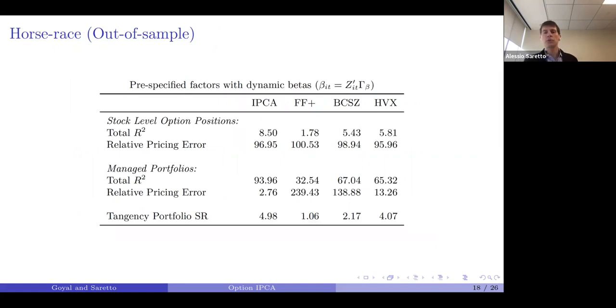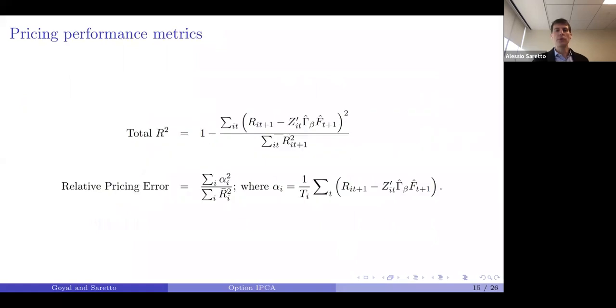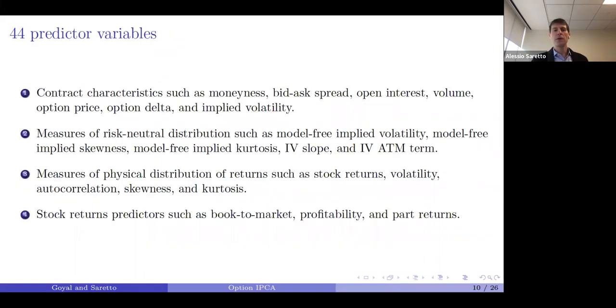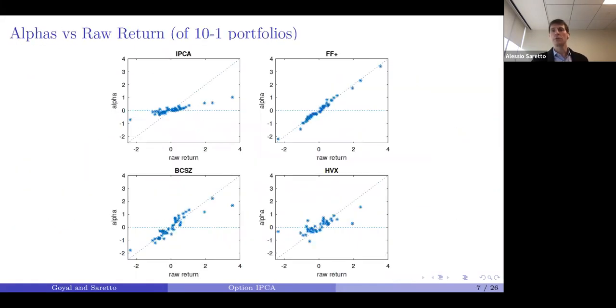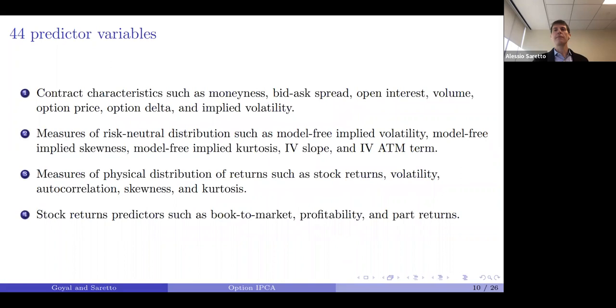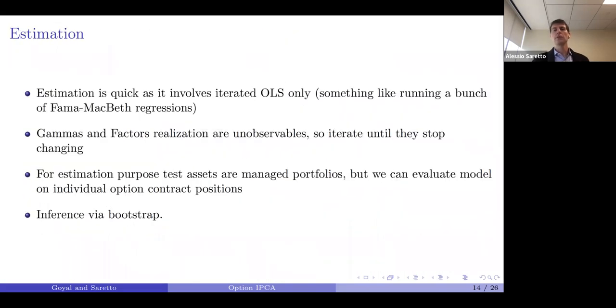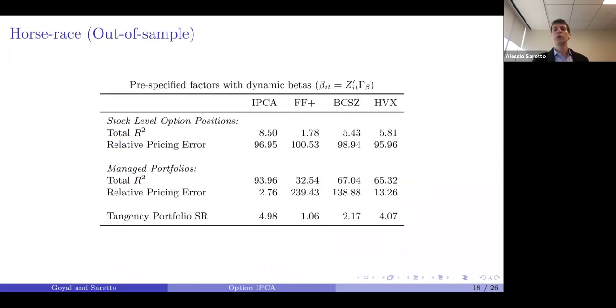Now I'm going to run another horse race. Okay, so in the picture that I showed you before, this is a model horse race. This is our model, taken as it is, against Turan's model or Aurelio's model, taken as they are. Problem is we have dynamic betas, they don't. So we're going to take their factors and allow the betas to be dynamic.